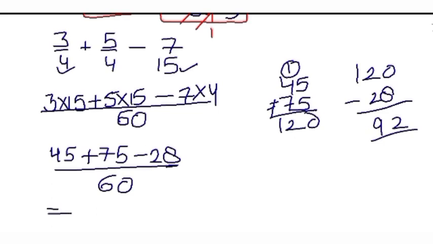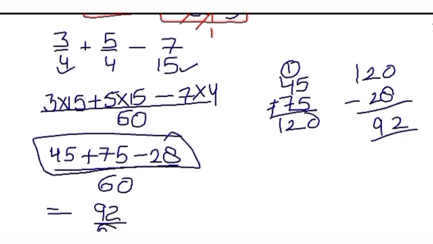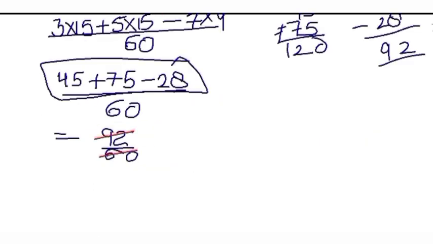When you calculate this part, you will get 92 divided by 60. This numerator and this denominator both are divisible by 4, so cut them. 4 2s are 8, 4 3s are 12, 4 1s are 4, 4 5s are 20. So this is 23 upon 15.